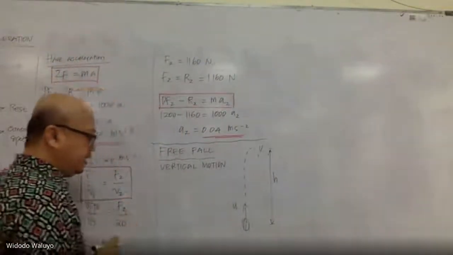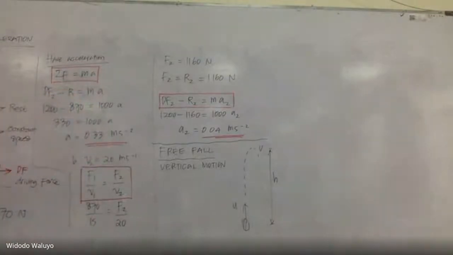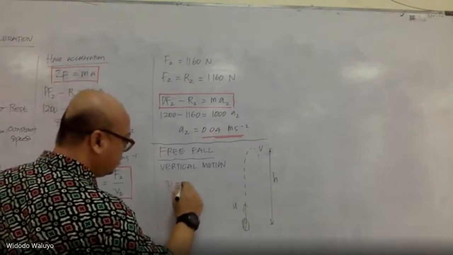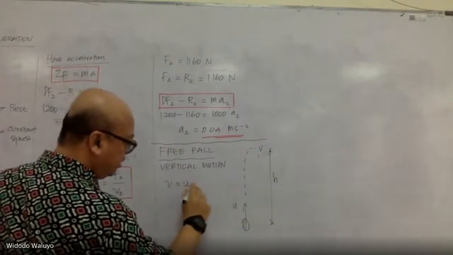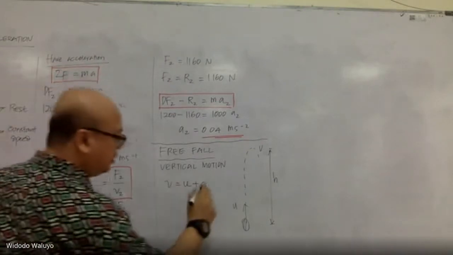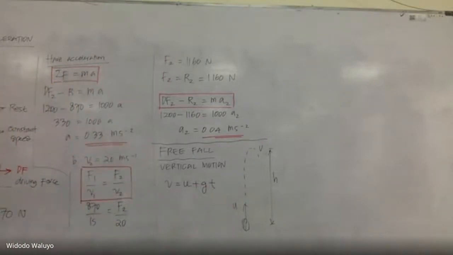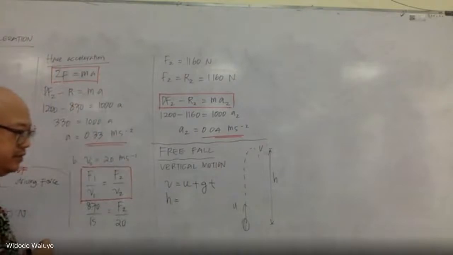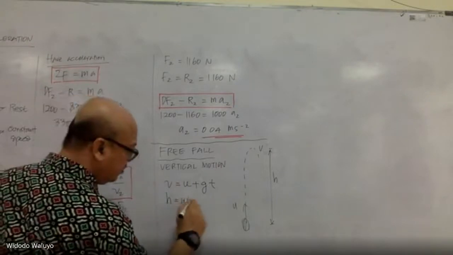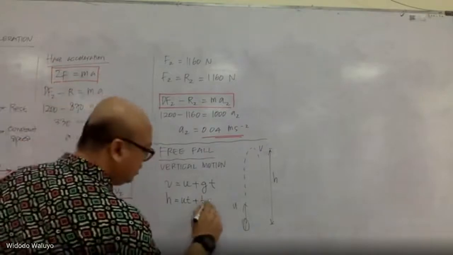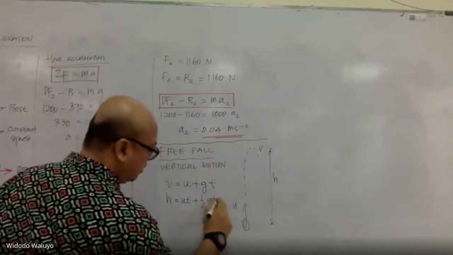The formula is the same as the motion in a straight line. We have v equals u plus at, but a we change into g, so v equals u plus gt. Then the distance becomes the height: h equals ut plus a half g t squared.